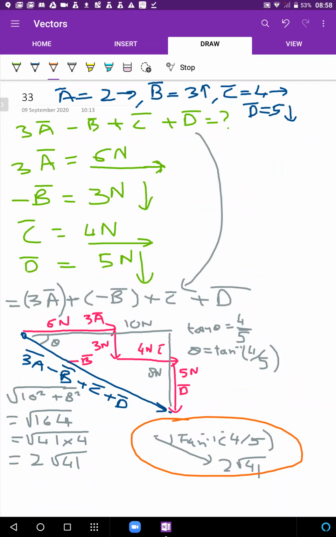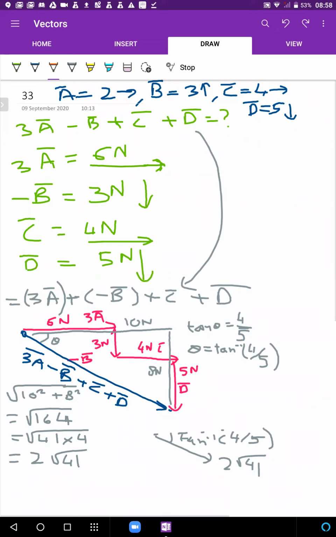Why? Because अब बाद में तुम options देखोगे. Option क्या बोल रहा है? अच्छा, 2√41 making an angle of tan inverse 4/5 with the horizontal. That's correct. 2√41 at an angle of tan inverse 4/5 below the horizontal, चलेगा.